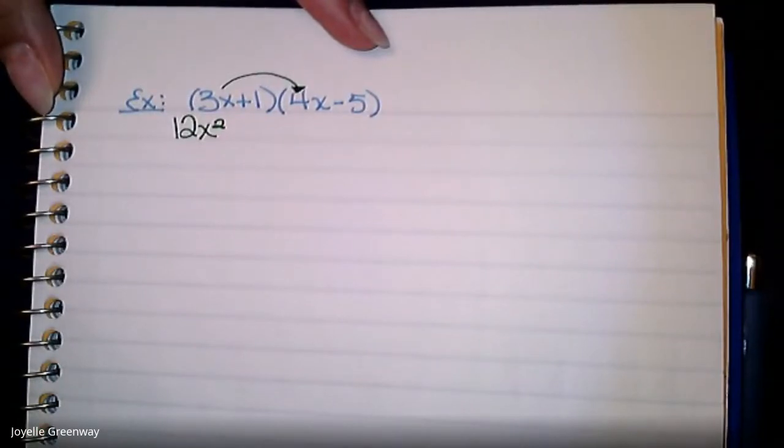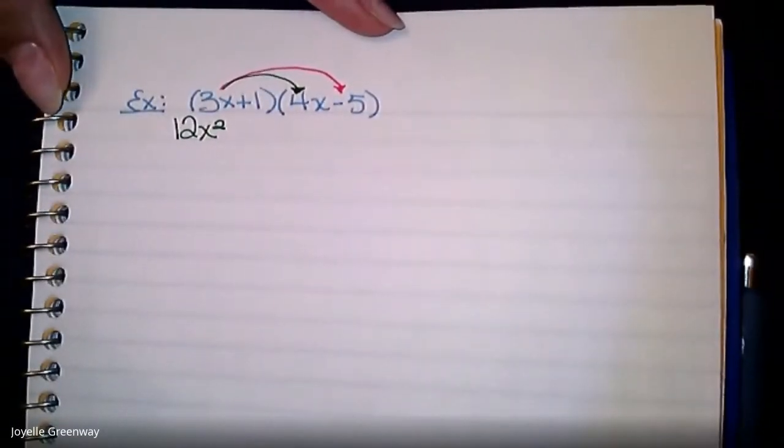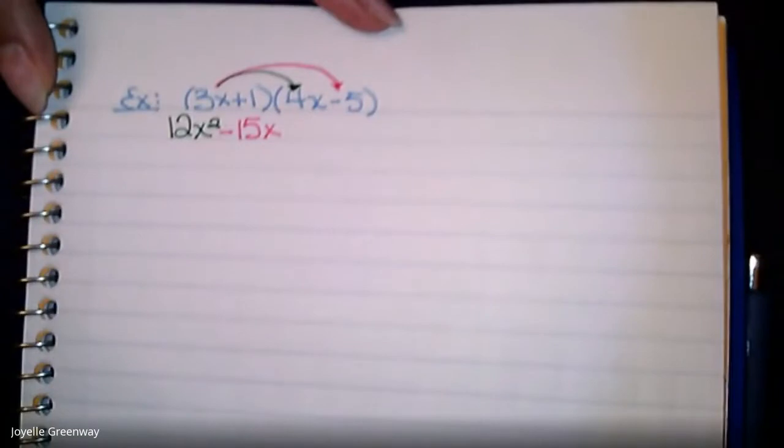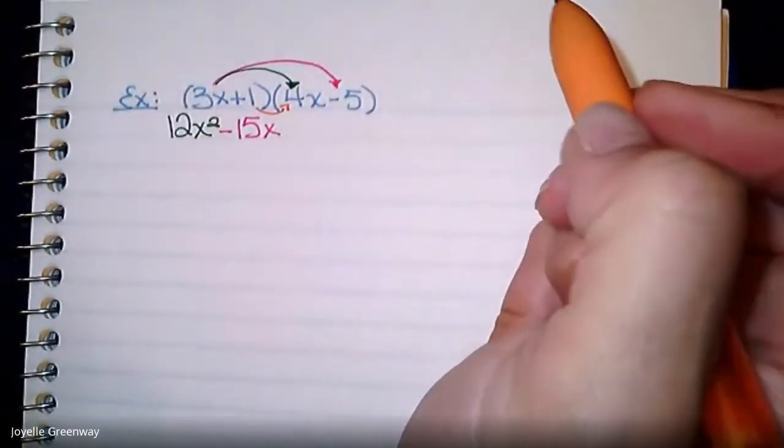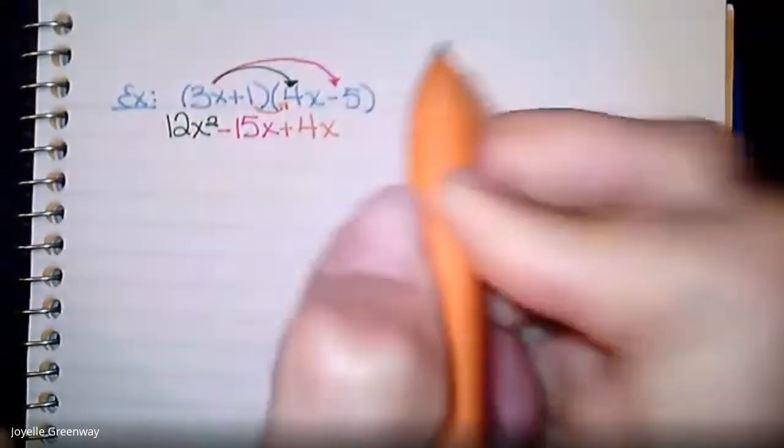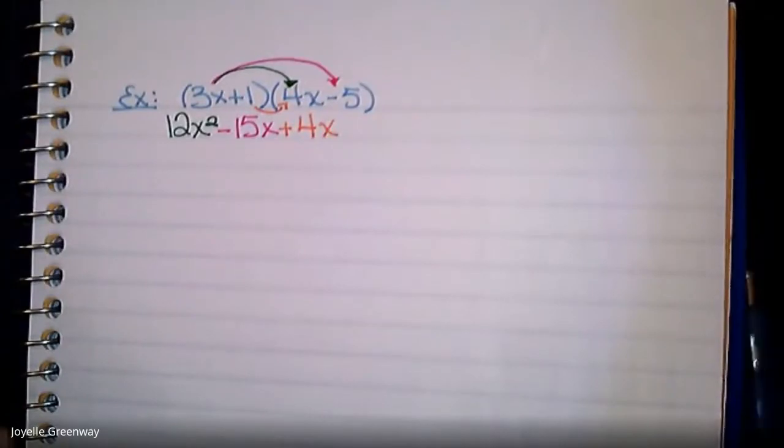My outer term, 3x times negative 5, is negative 15x. Now I can multiply my inner terms. 1 times 4x is positive 4x. And then I multiply my last. 1 times negative 5 is negative 5.